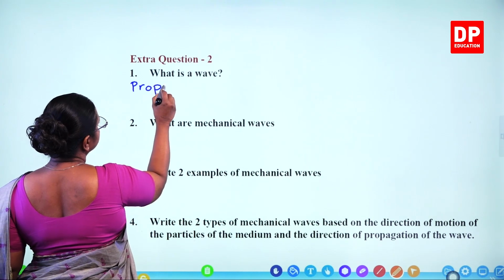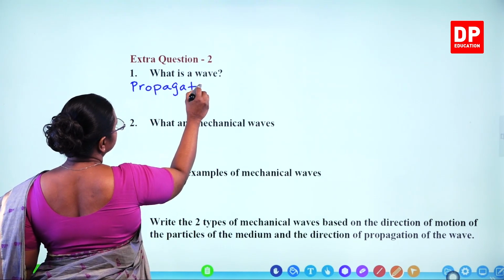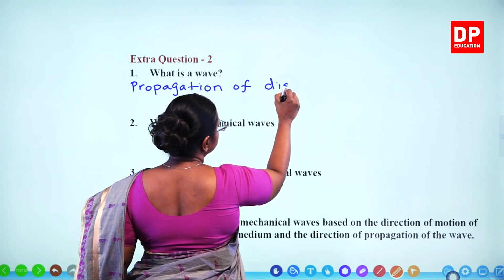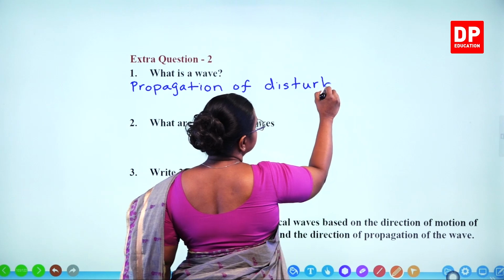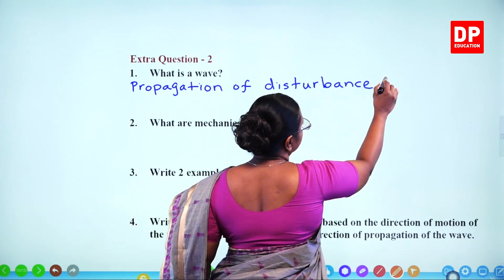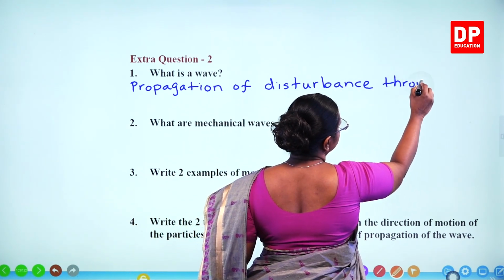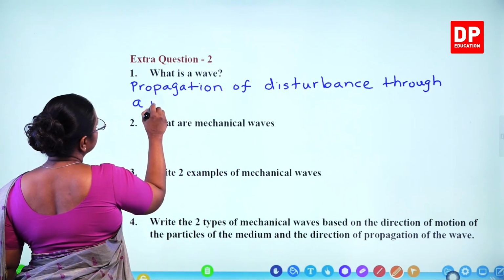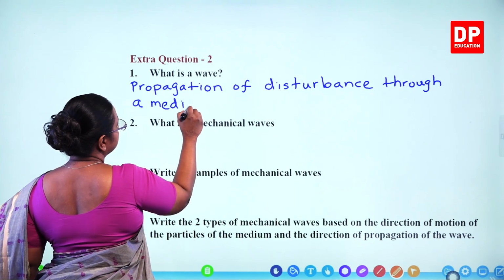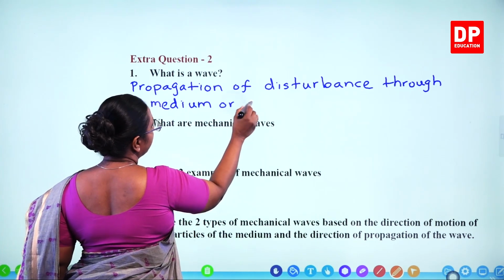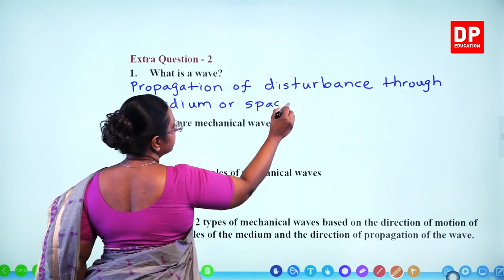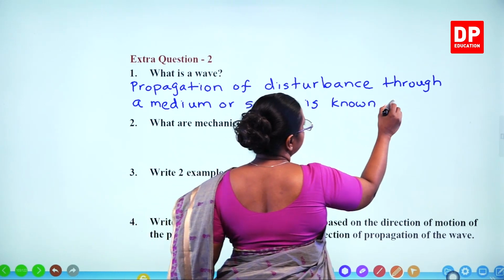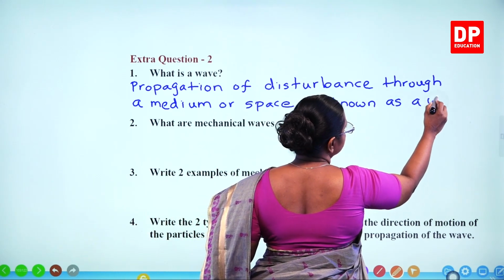Propagation of disturbance through a medium or space is known as a wave.